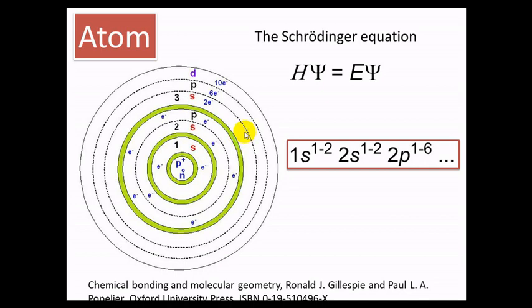Here we can see that level 1 is conformed by 1s sublevel, level 2 by 2s and 2p, and level 3 by 3s, 3p and 3d. Moreover, in level 1 there can be until 2 electrons.